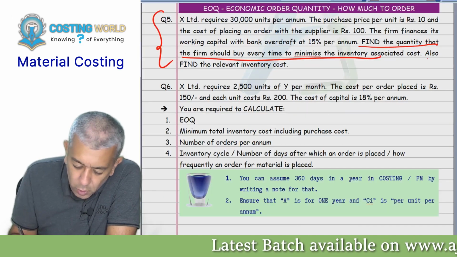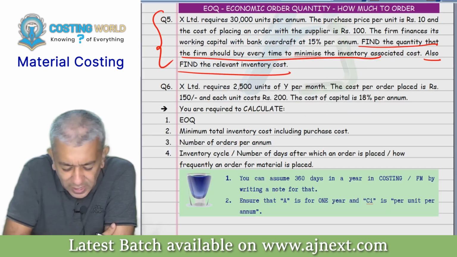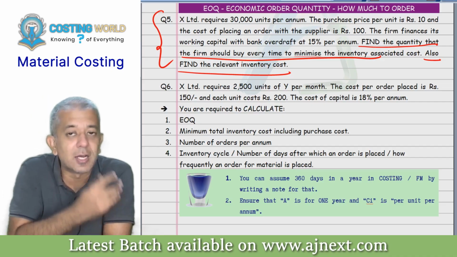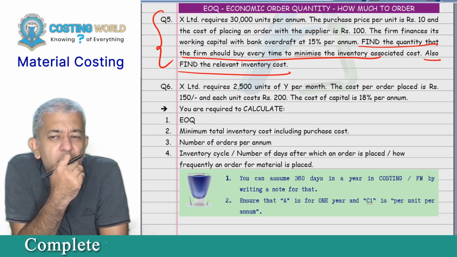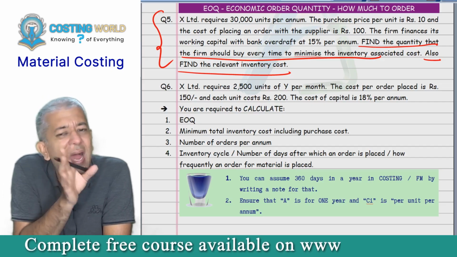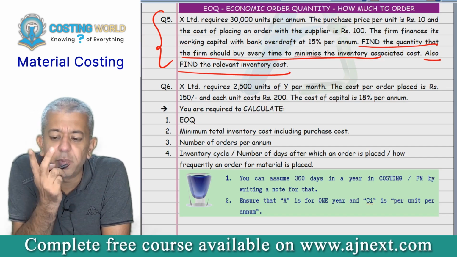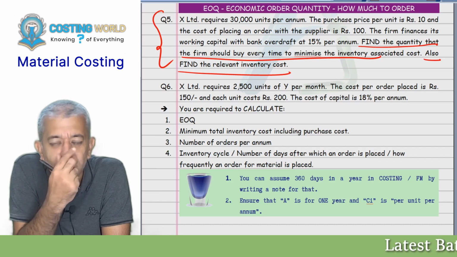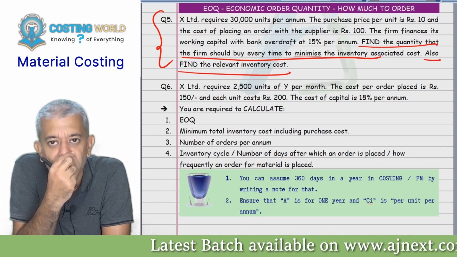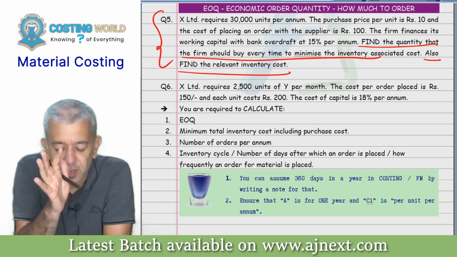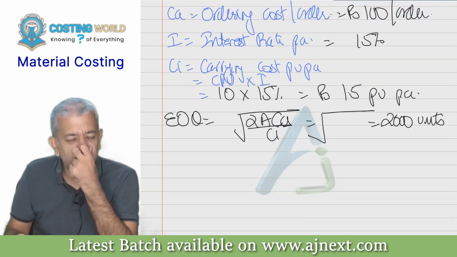Further. Now see. Also find relevant inventory cost. Can you say here we are asked to find out T, no? Yes, sir. Can we say we have to find out T at EOQ, no? Obviously. Okay, second formula, third formula or anything? Being our first question, I am trying to do both of them.